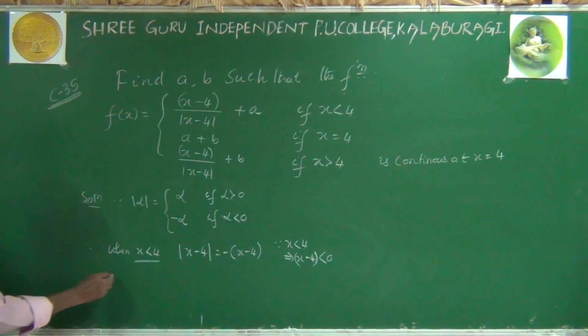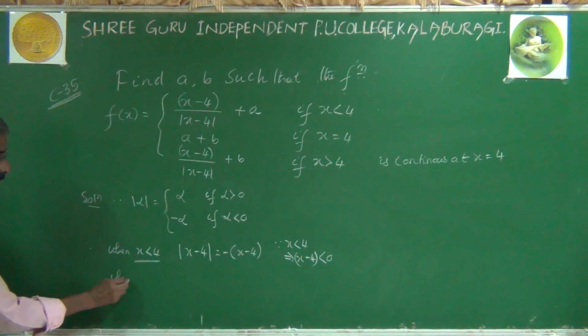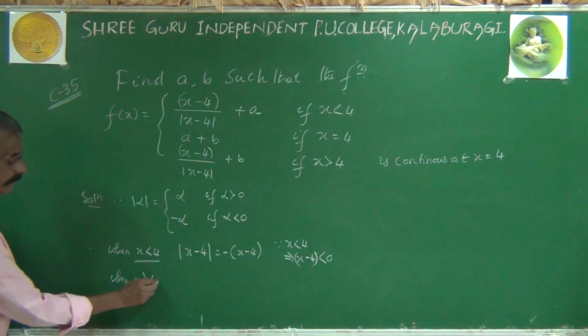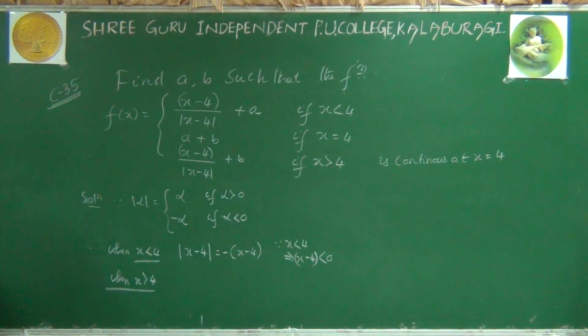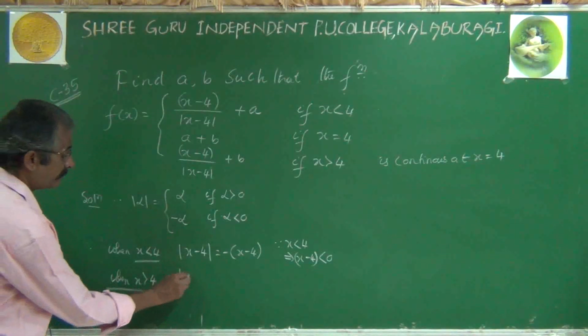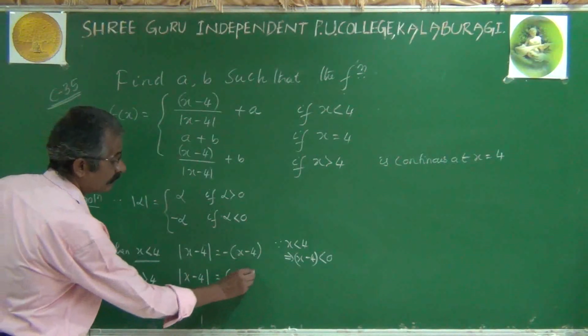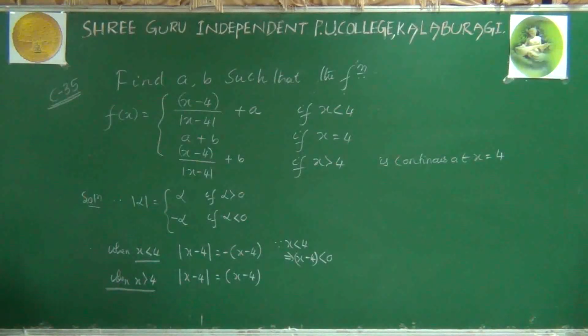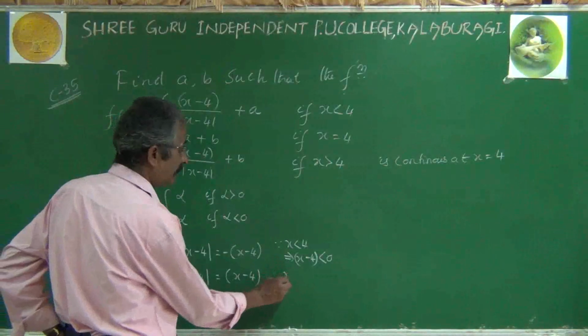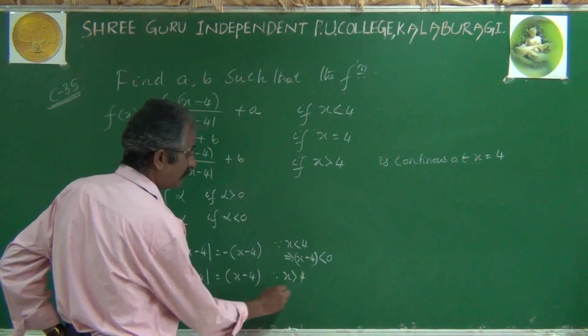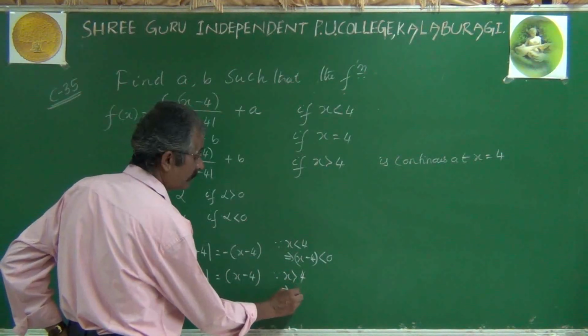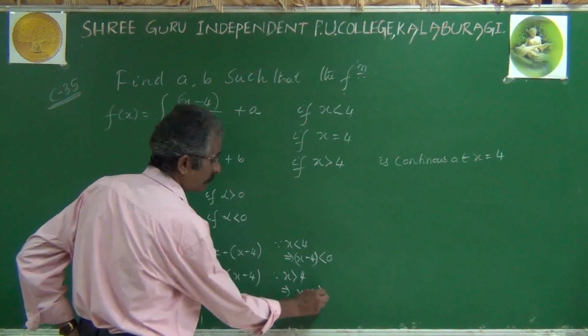Next, when x greater than 4, modulus of x minus 4 will be just x minus 4, I mean plus x minus 4, because x greater than 4 implies that x minus 4 will be positive.